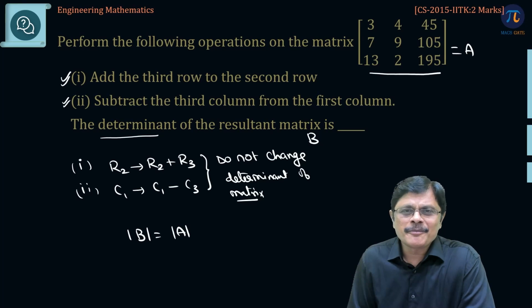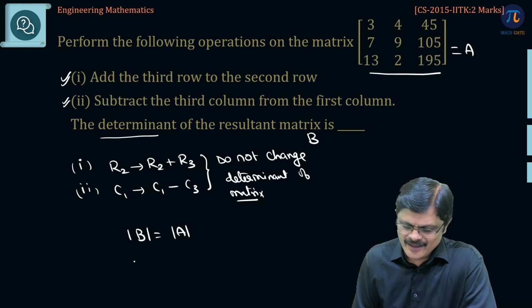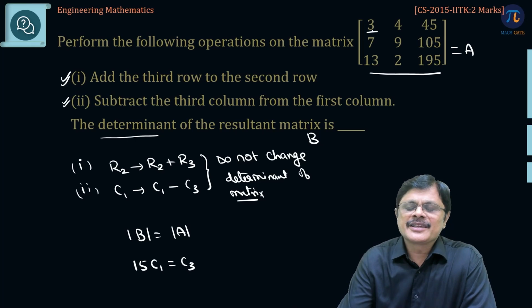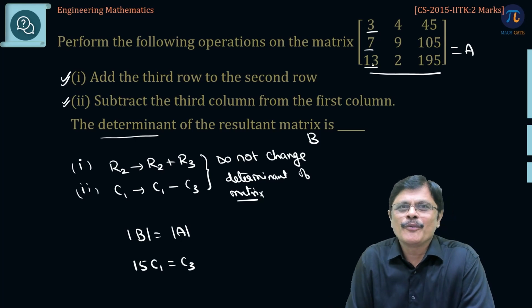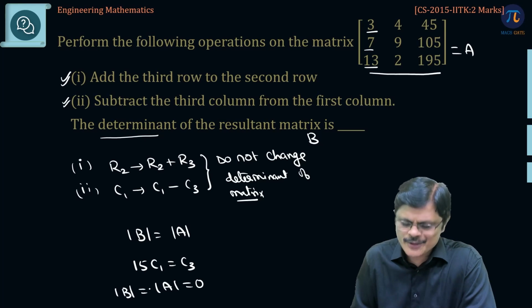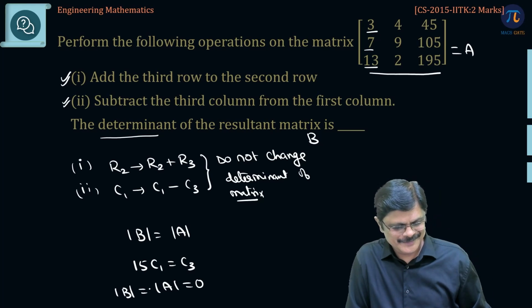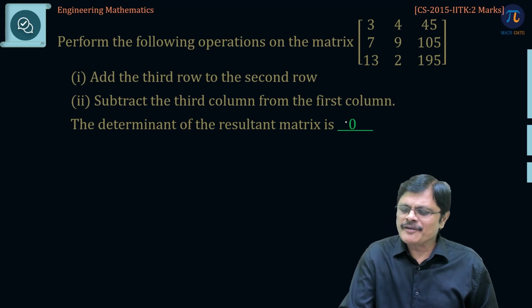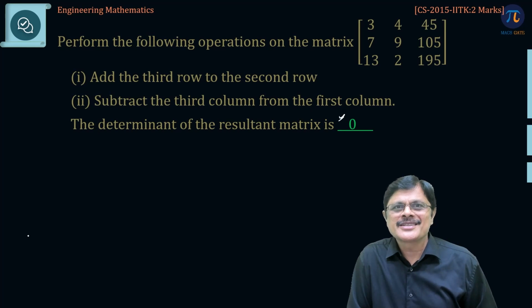And if you observe matrix A, 15 times column 1 is equal to column 3. 15 times 3 is 45, 15 times 7 is 105, 15 times 13 is 195. Because of this, the determinant of A becomes 0. Therefore, determinant of B is also 0.